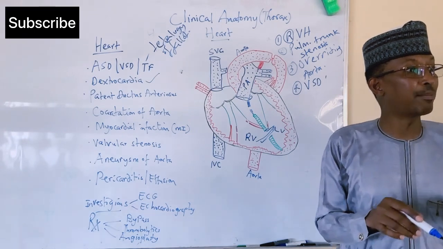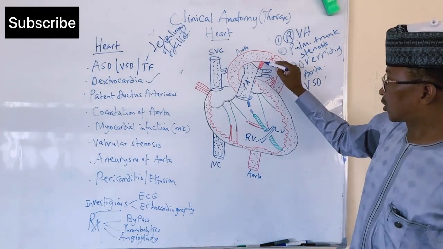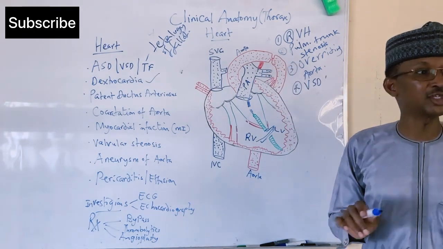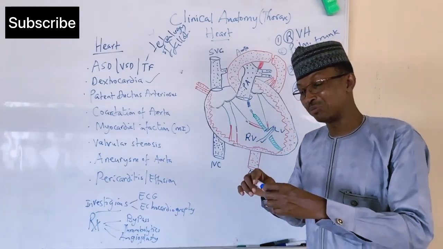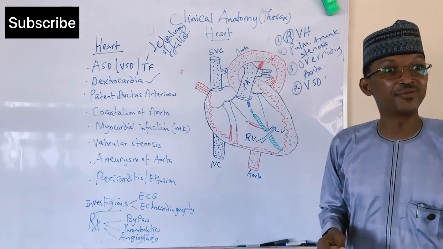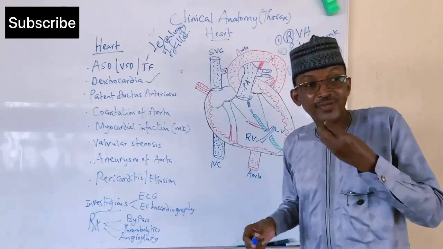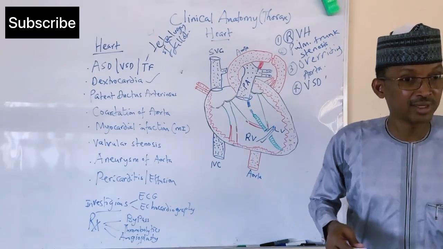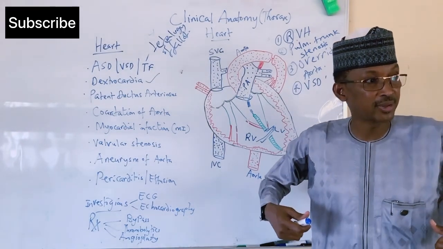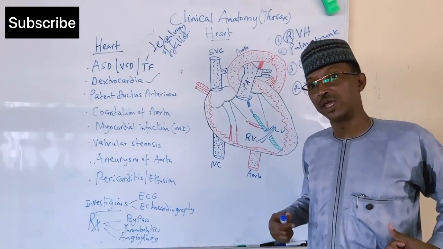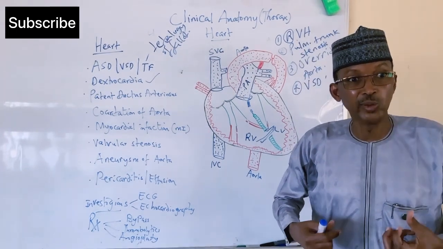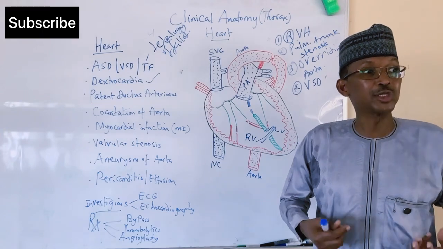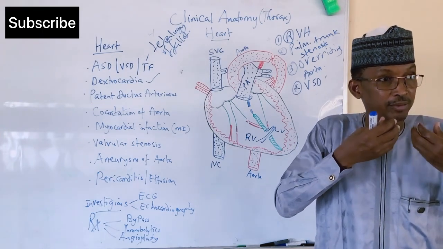So immediately after birth, this ductus arteriosus tends to close down, because by that time the lungs are open. Because immediately a baby is born, the first cry the baby does is what opens up the lungs of that baby. The cry allows the baby to inhale oxygen from the surroundings.